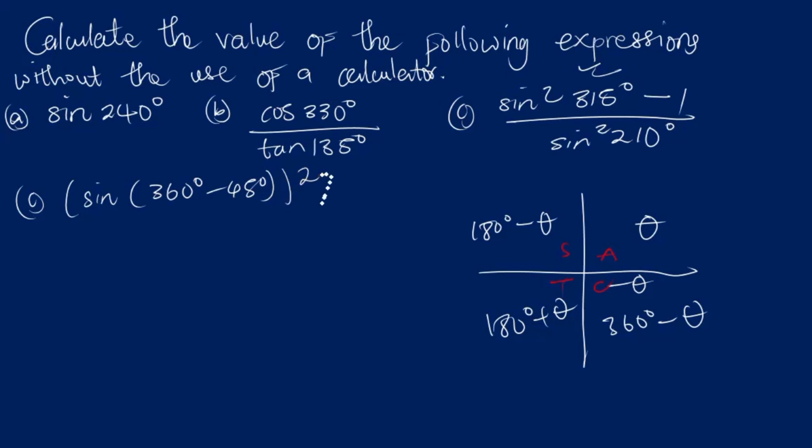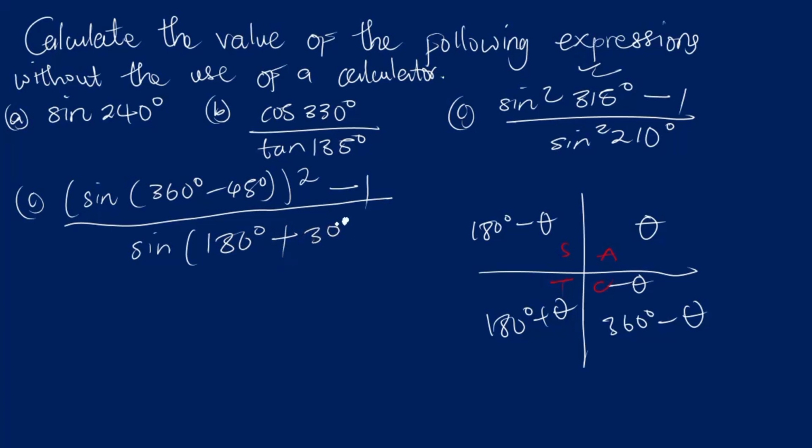And then the sine was squared, so we do that. Then minus 1 all over. Here I have the sine of 210. This is 180 degrees plus 30 degrees, and this whole function is also squared, right? Perfect. So now we have this part here.